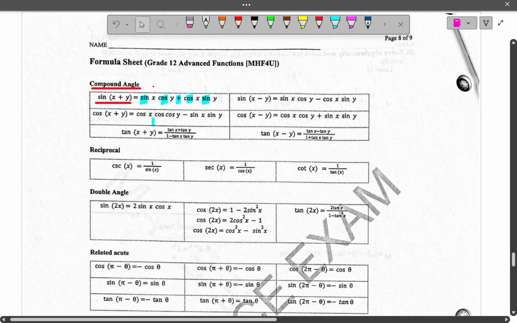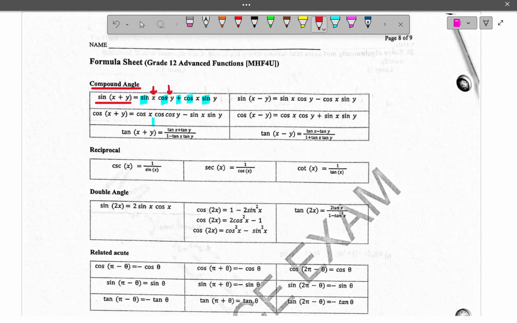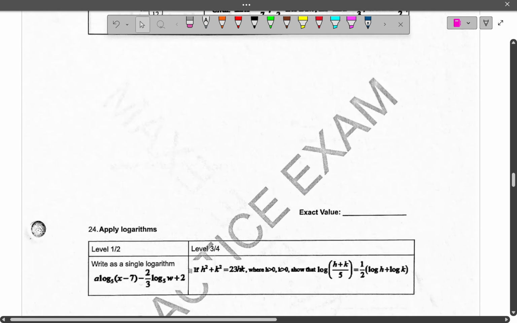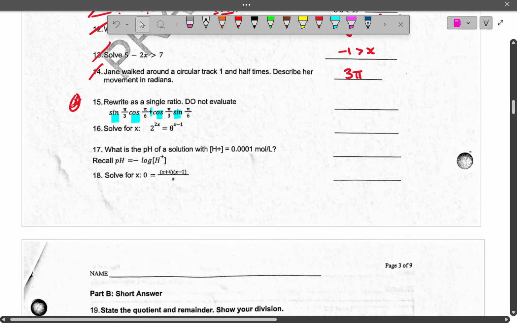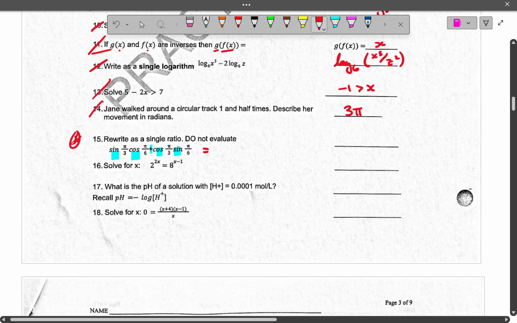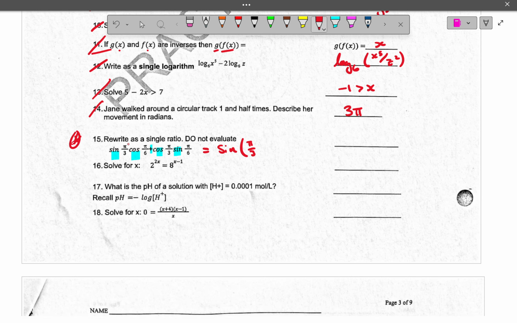And our x and y is going to be whatever was beside the sine and the cosine here. So we're going to go back up and say that the equivalent to this is just equal to sine of pi over 3, that was the first one, plus pi over 6. And it says do not evaluate, so you could leave it like this.